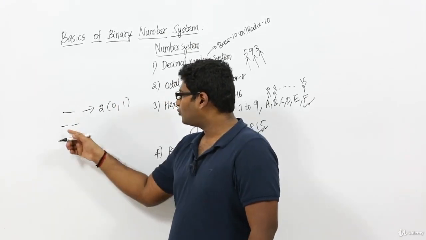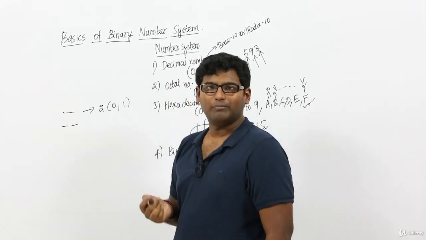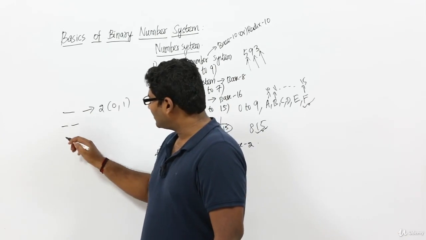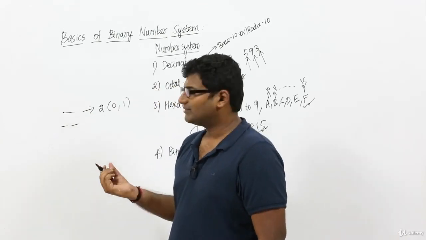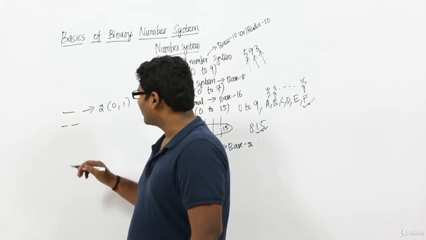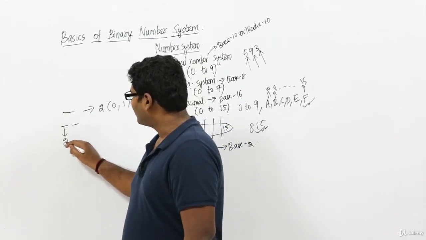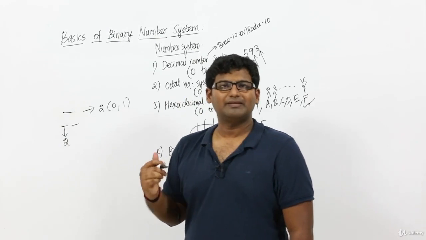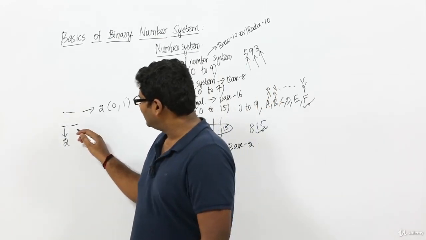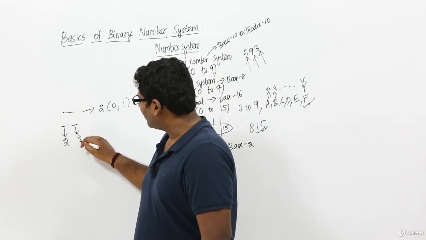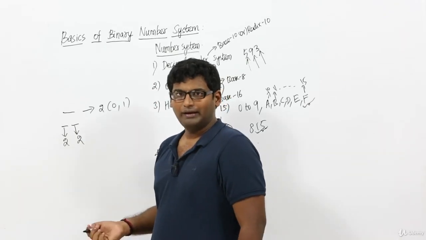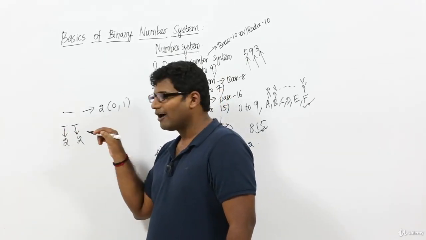Okay, similarly with 2 bits we can represent 4 numbers. How? See, a bit of basics of combinatorics is needed here. This bit can be filled in two ways, either 0 or 1. Similarly, this bit can be filled with two numbers, either 0 or 1, and both these bits have to be filled.